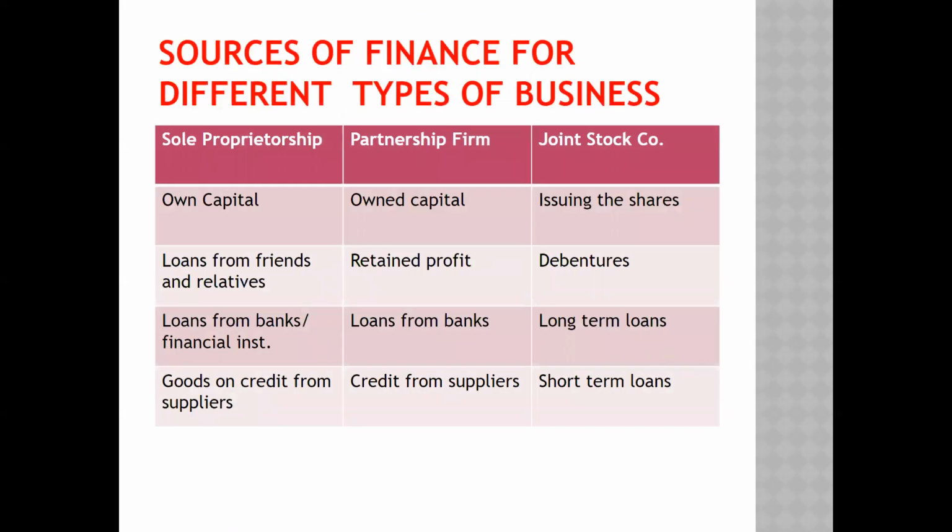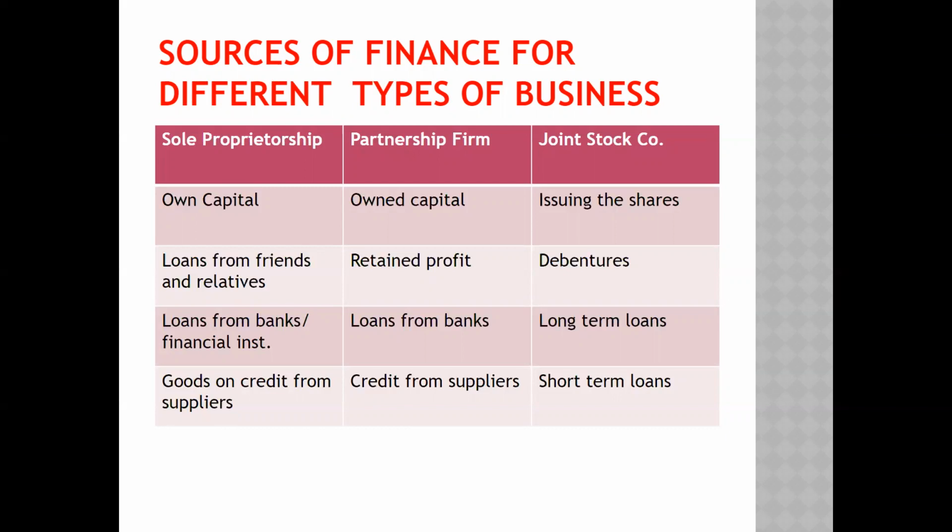After this, sources of finance for different types of business. You know that all businesses are not the same. I have divided this into three parts. First is sole proprietorship. What are the sources for a sole proprietorship? He can bring his own capital.